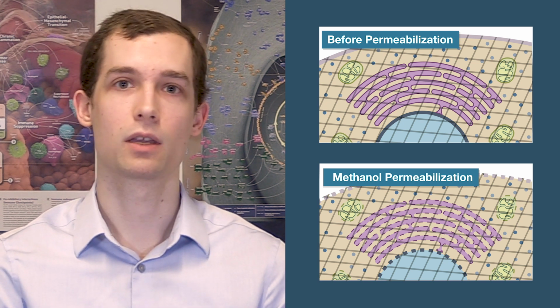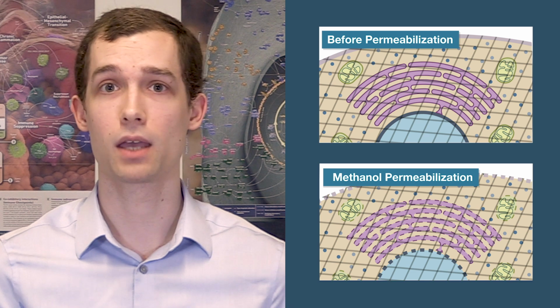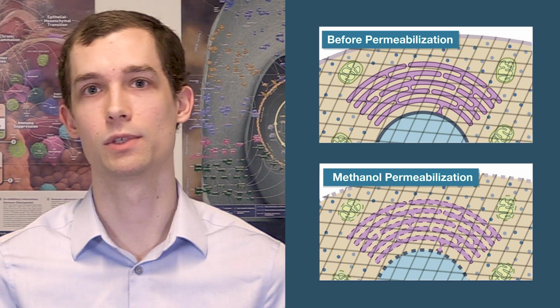Solvents like methanol can provide more access to the interior of organelles such as nuclei, mitochondria, and lysosomes. In certain cases, methanol affects the structure of the epitope. This could positively or negatively affect detection depending on the antibody and epitope. Detergents like saponin can better preserve the native structure of epitopes but may not provide as much access.